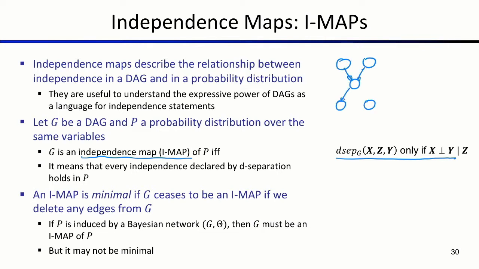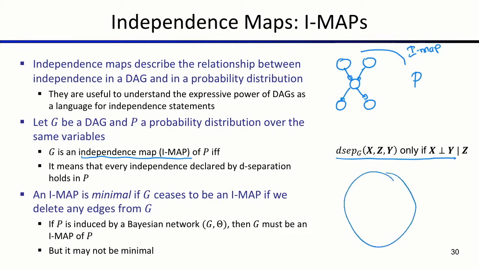So I draw here a graph and the probability distribution P. And if this graph is an IMAP for this probability distribution, it means that every separation that we can find in the graph implies independency in the probability distribution. And we saw in our lecture about propositional logic that this implication can be understood graphically as a subset.